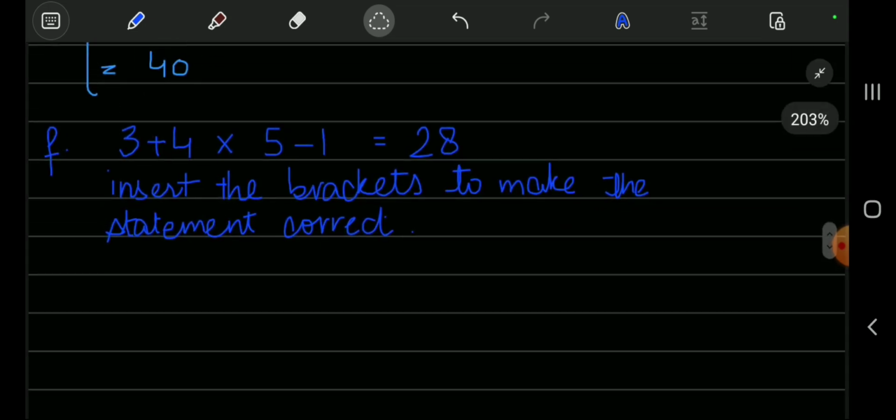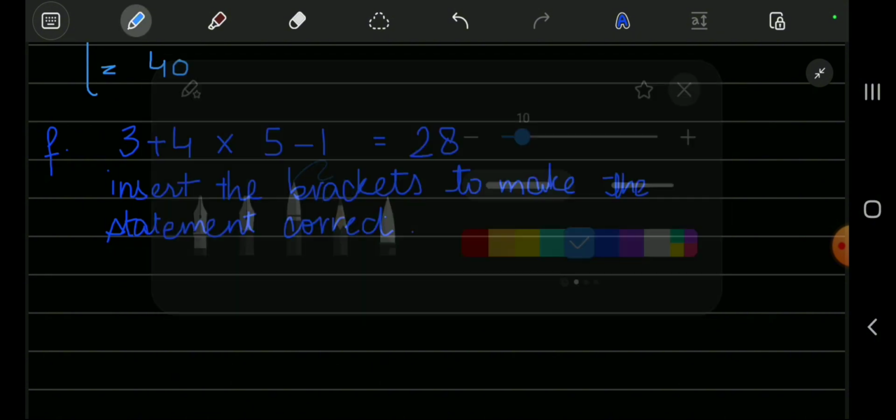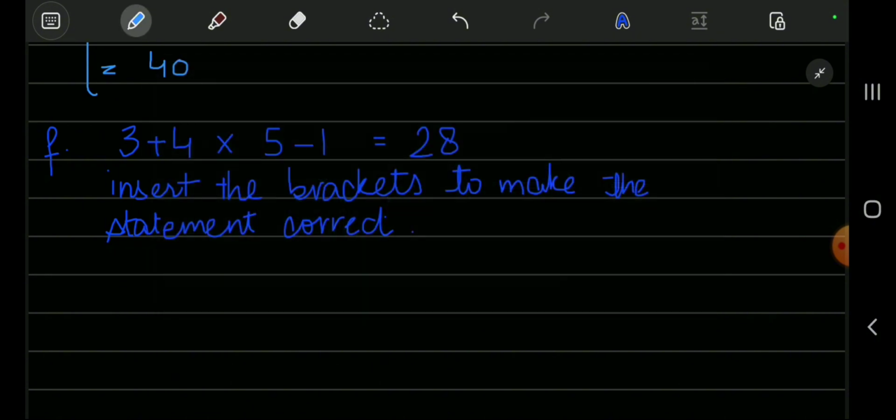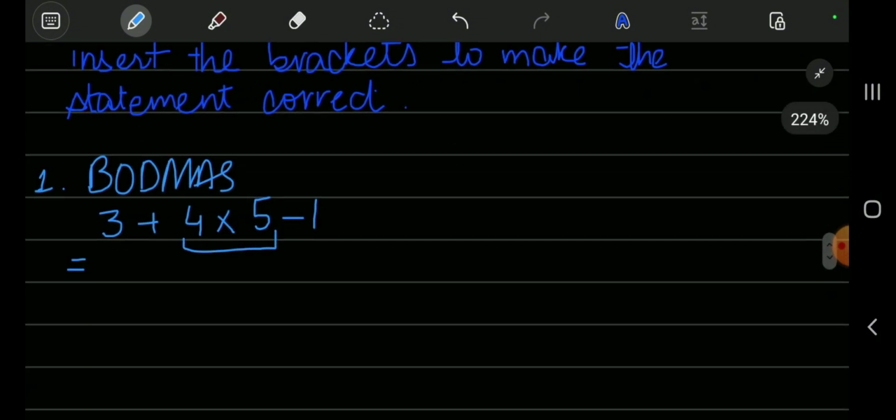Initially, following the BODMAS rule, we are checking each type. So the first process would be that you check by the BODMAS rule. It will tell you that 3 plus 4 multiplied by 5 minus 1 is equals to, according to BODMAS, first you are going to multiply: 3 plus 20 minus 1.